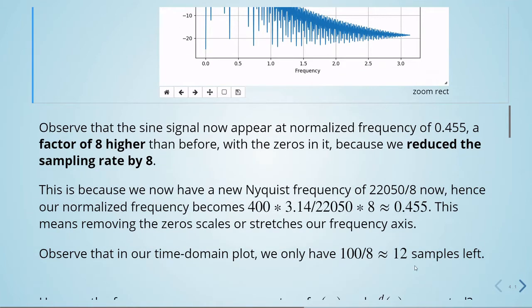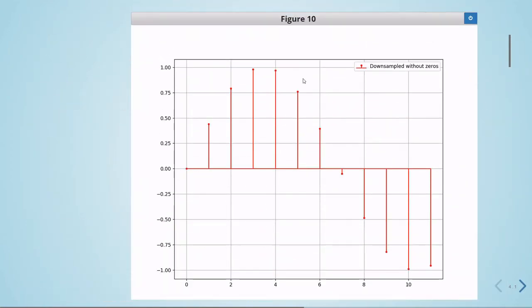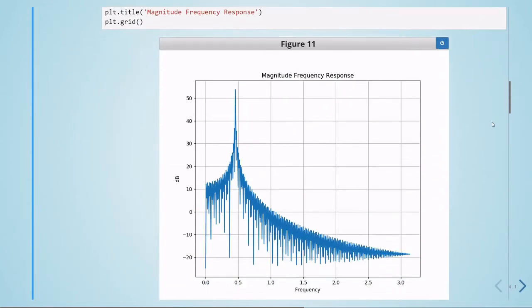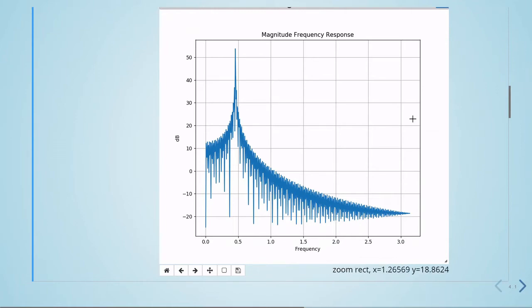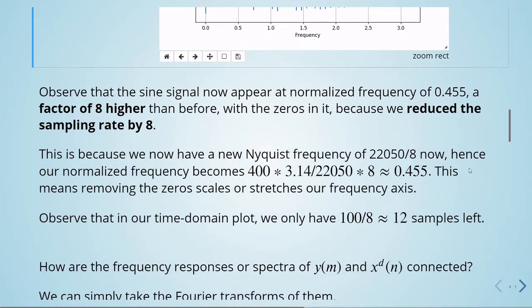And as I said before, in our time domain plot we only have 12 samples left, because when we plotted 100 samples, now we remove the zeros and we get 12 samples. So this is what's shown here, with the new normalized frequency, because we changed the sampling rate by 8.